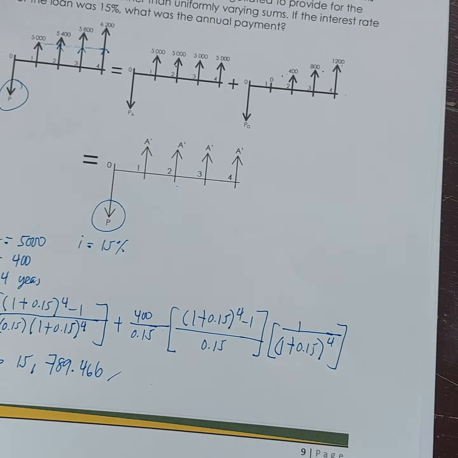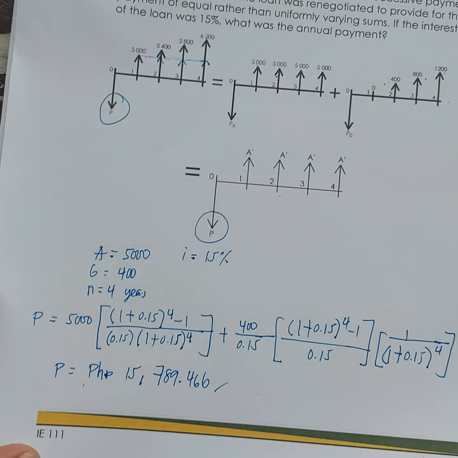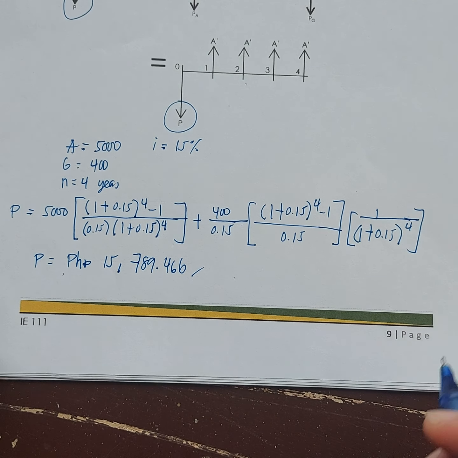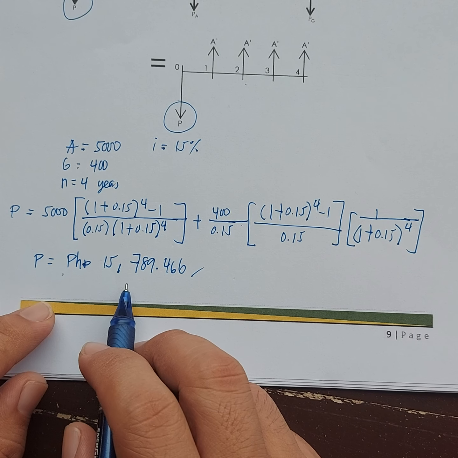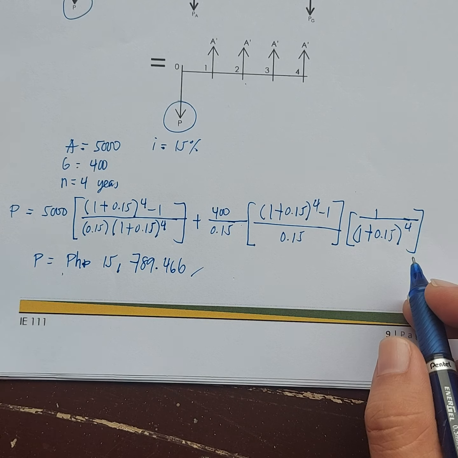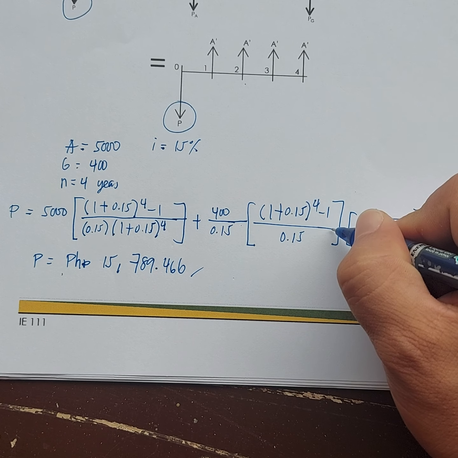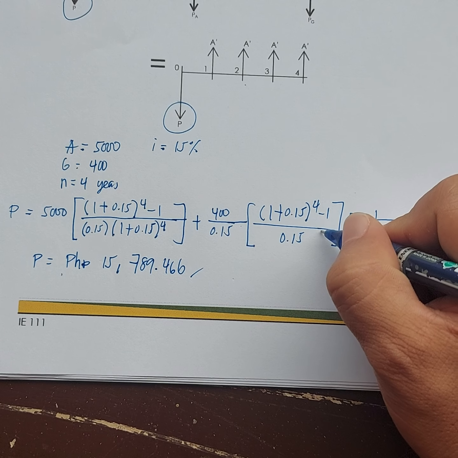I think I have to correct something sa previous problem. I think I have committed some errors there. In problem number 1, I forgot to include, although the answers would be correct, the minus n.